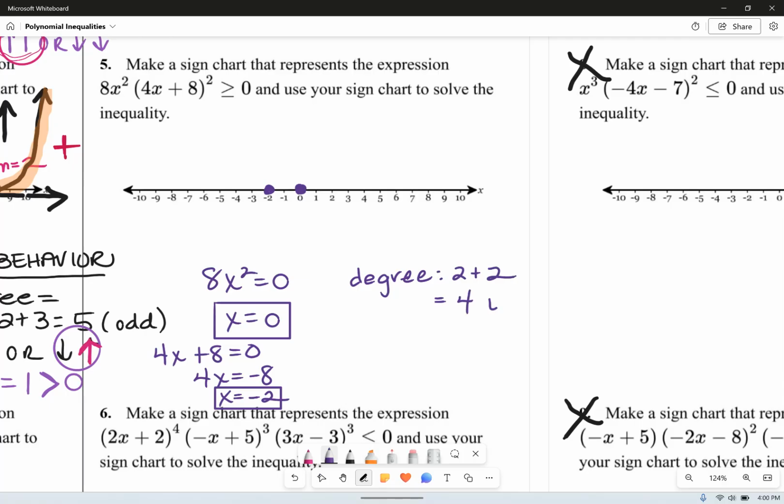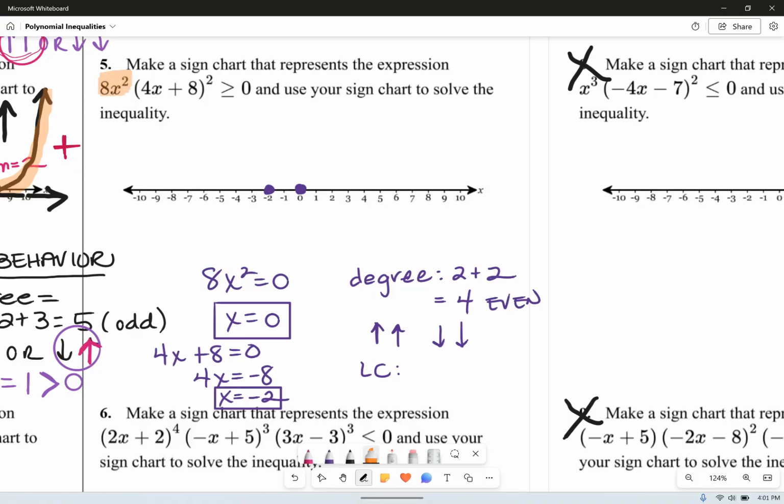And 4 means even function. All right? Either both up or both down. It's not going to be opposite in directions because this one's an even graph. So LC is going to determine whether I keep the upward facing ones or the downward facing ones. So what is our LC?